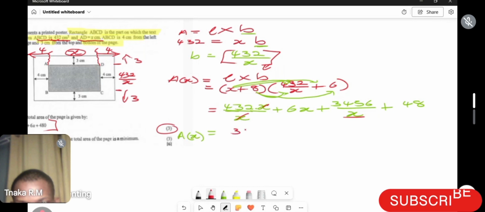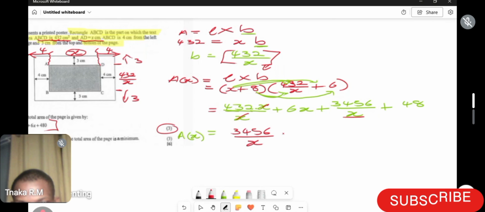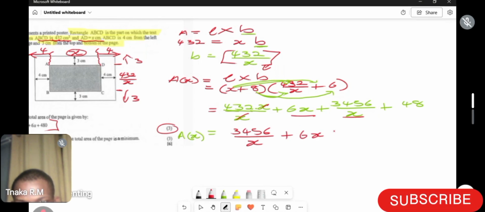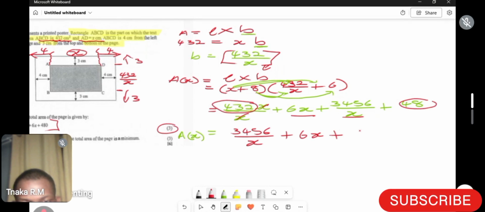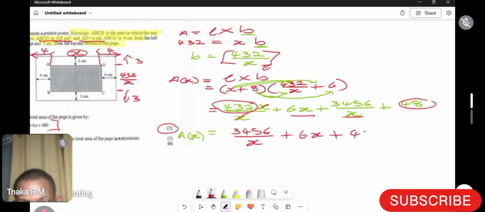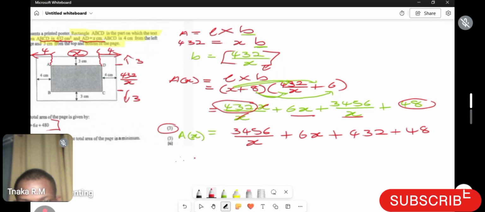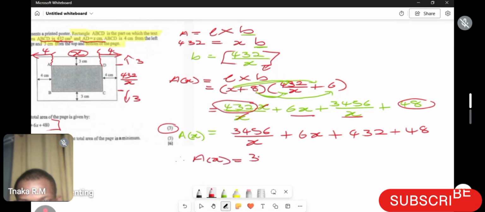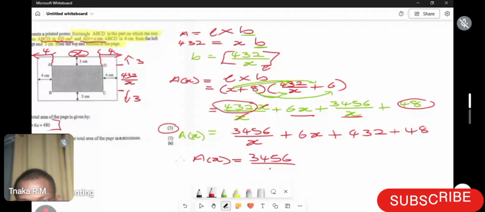We start with the 3456 over x, then we add the 6x, and then we add the 48 and the 432. If we just calculate that, we're going to get 480, I believe. Let me punch it in the calculator to find out. We're just going to simplify the expression.